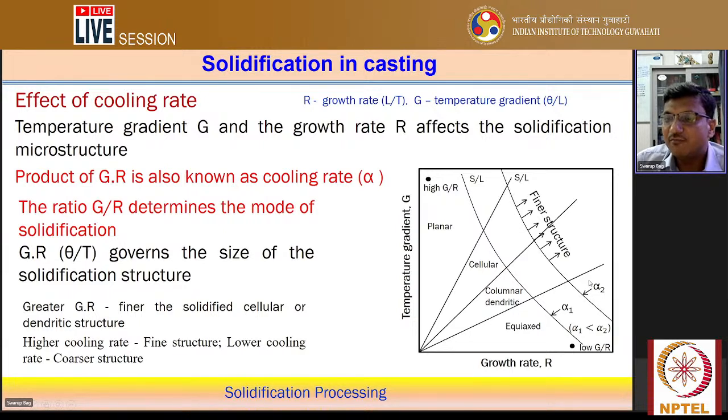So alpha 2 gives a very fine structure, whereas alpha 1 gives a coarse structure. So a higher cooling rate gives a finer structure, and a lower cooling rate gives a coarse structure.